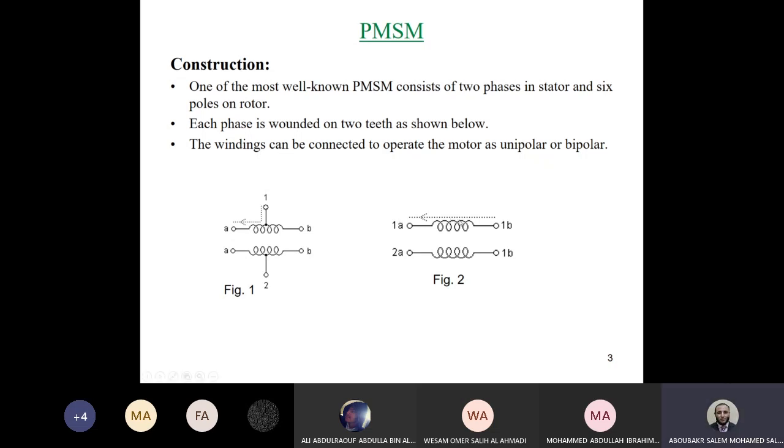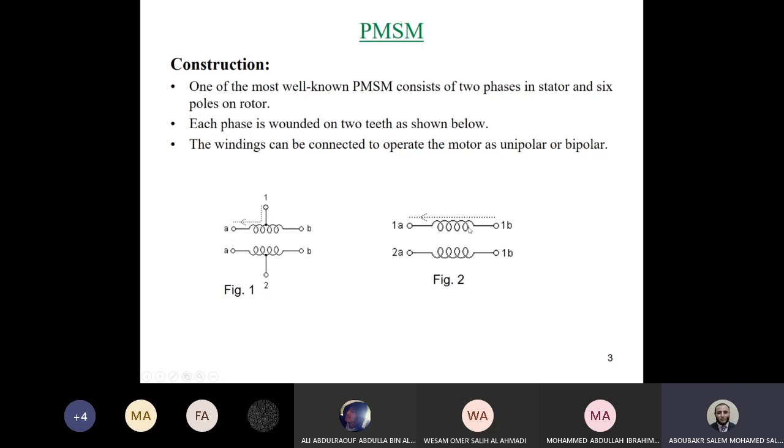However, for case number 2, or in figure 2, we have one current moving all over the winding. So we can supply the coil from the direction 1B to 1A, or we can reverse the polarity of the current from 1A to 1B.